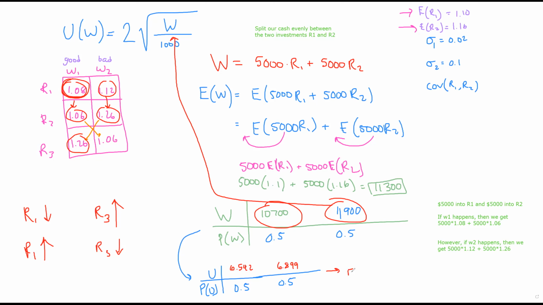Now let's calculate our expected utility. That's 0.5 times 6.542 plus 0.5 times 6.899, which comes out to be 6.721.